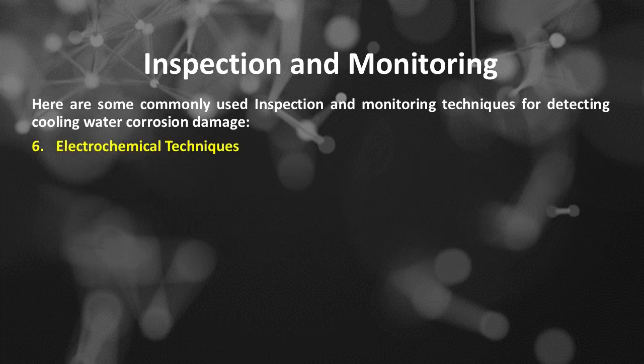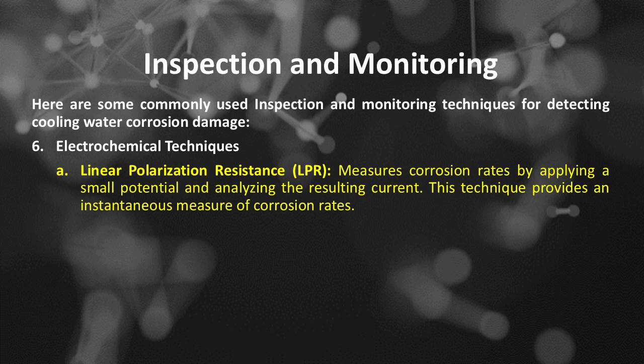Number 6 is electrochemical techniques. Linear polarization resistance, or LPR, measures corrosion rates by applying a small potential and analyzing the resulting current. This technique provides an instantaneous measure of corrosion rates.